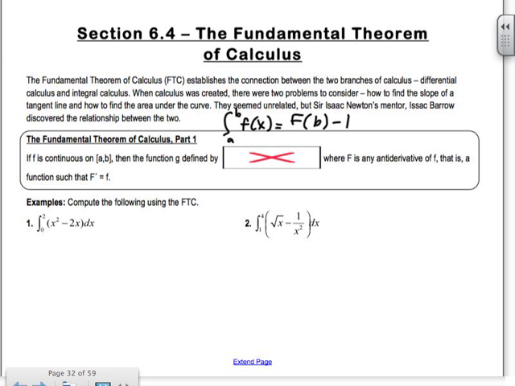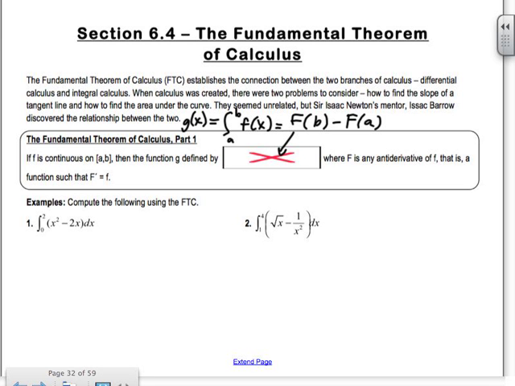In other words, capital F prime equals little f. I don't know why I have the function g. We'll say this equals g of x. That g of x will be important later in the second part.